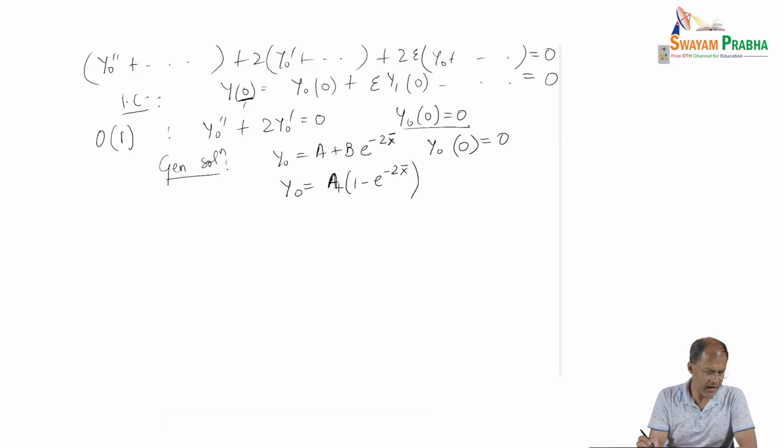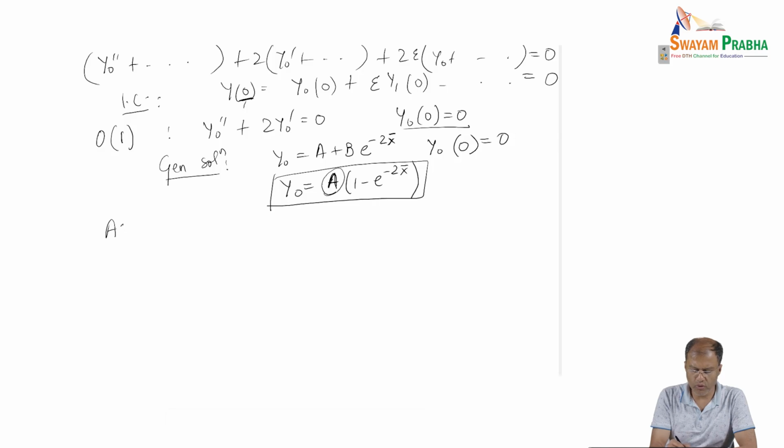So this is my y0, and we have found the inner solution y0 in terms of a constant a. We have to figure out this constant a, and to do that we are going to match.